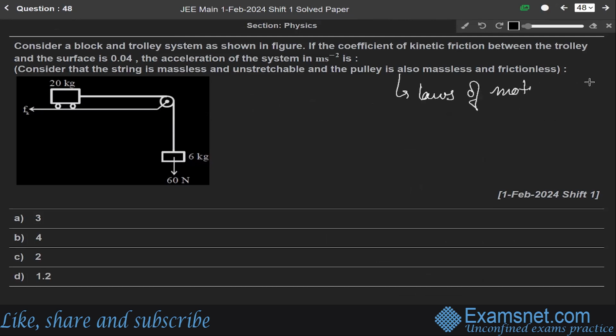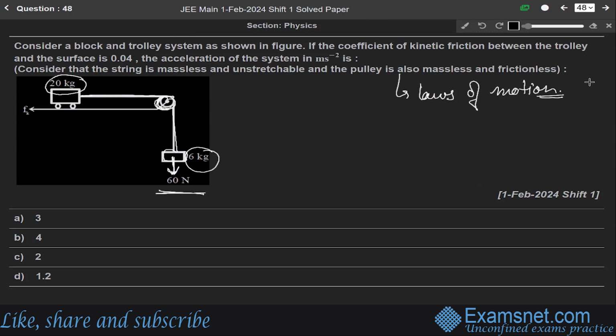According to the figure, there is a block of mass 20 kg moving through this trolley, and then it goes in the downward direction. This block is of mass 6 kg, and the force acting in the downward direction is 60 Newton.